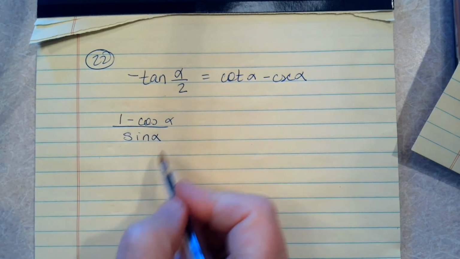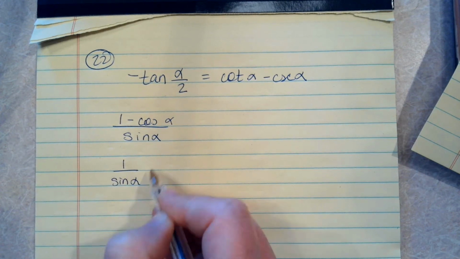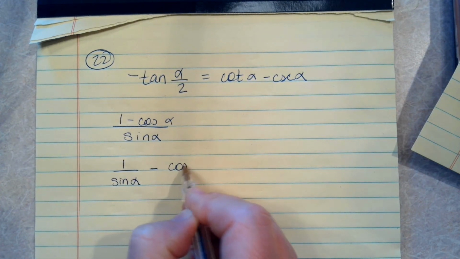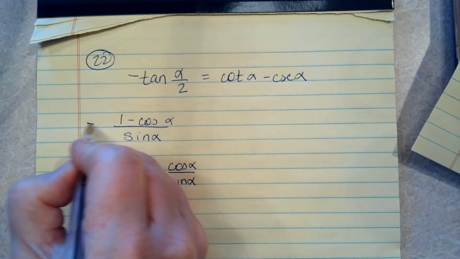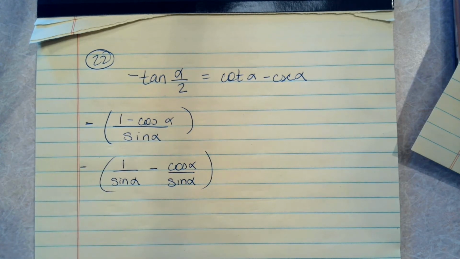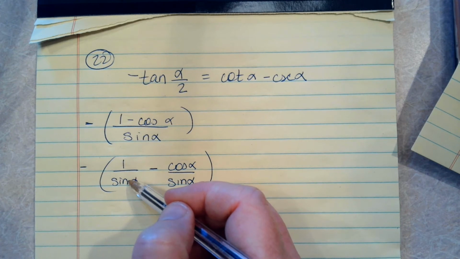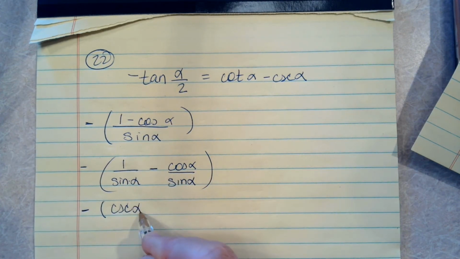And then I'm going to split this: 1 over sine alpha minus cosine alpha over sine alpha. I just split that. Now remember, I've got to do the opposite here in a minute because it's negative. 1 over sine is really the cosecant, so this is cosecant alpha.